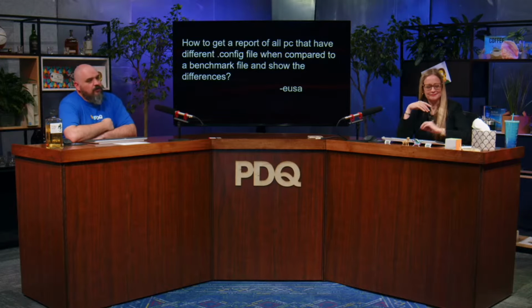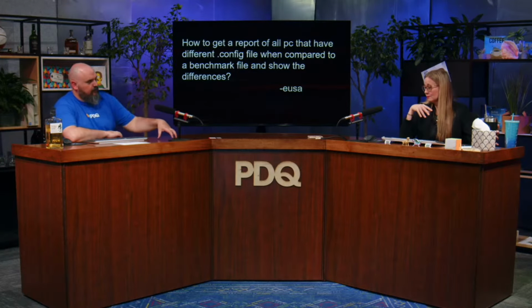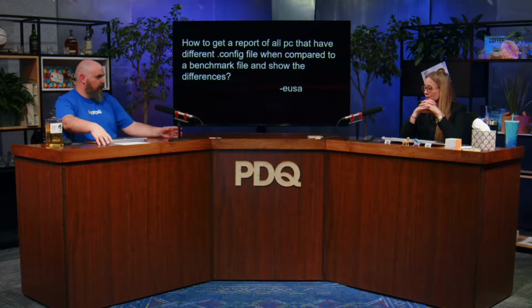Yeah. In this case of the config file, if you want to make sure it is all the same on the machine, what we basically have to do is have an example of the default config you want, and then have a script that goes in and pulls in a report from the others. I would use PowerShell, where you could assign them to a variable and do a comparison for the differences. And if there are differences, it would report back.